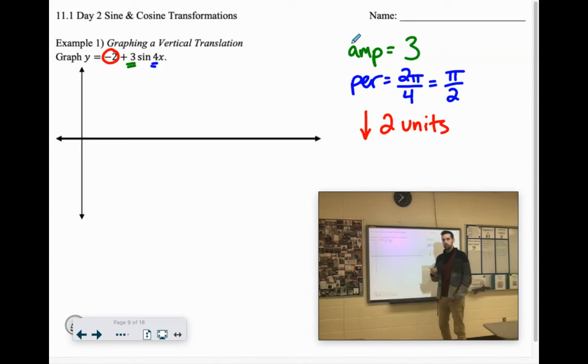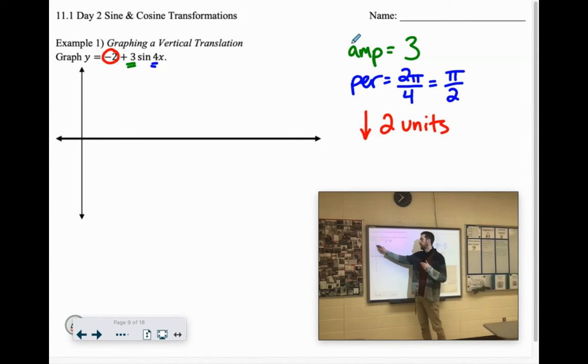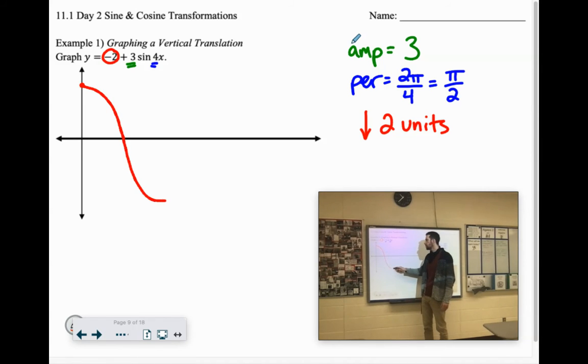But what I like to do is figure out what I call the steps, because there are basically 4 parts of these sine and cosine graphs. It's where it starts, either up 1, down 1, or right in the center. Then it goes to a middle point, then to the lowest point, and the middle point, and then the high point again. So I'm looking for at least 4 steps.